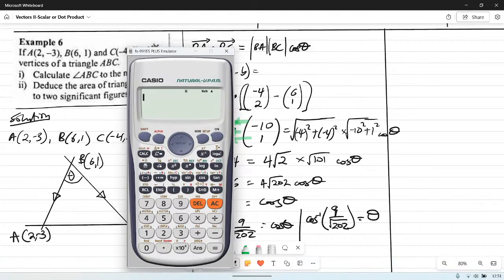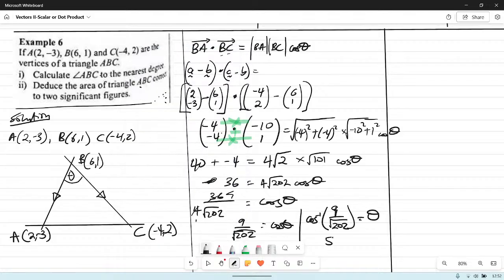So this one, let's rationalize it first, or it will rationalize it by itself. Let me see. Cos inverse of 9 over root 202 gives 50.7. Let's see if we rationalize it, what will you get? Let's use 202 to see if you get the same answer. So 50.7 degrees.